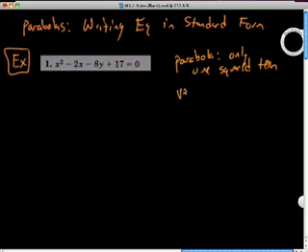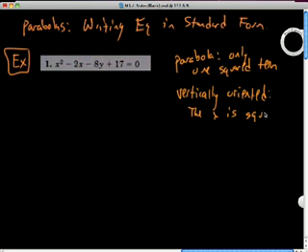So it's vertically oriented, specifically because the x is squared. Alright, so that's just some preliminary information that we're able to gather from this.